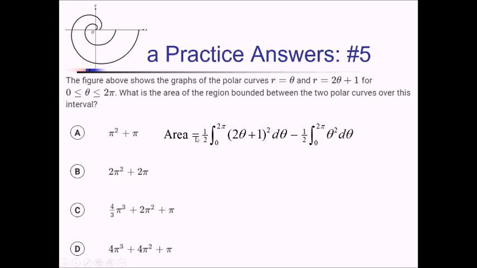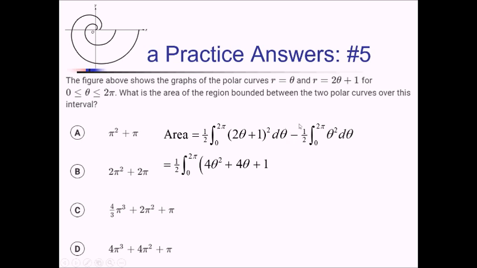I'm going to have 1/2 times the integral from 0 to 2 pi of, and now I'm just going to expand this and throw in this minus theta squared here. So expanding this squared parentheses, this is going to be 4 theta squared, and now I have to multiply these and double it for the middle. So that's going to be plus 4 theta, and then we have a 1 squared, so just 1.